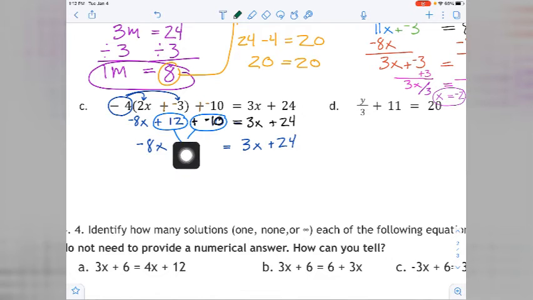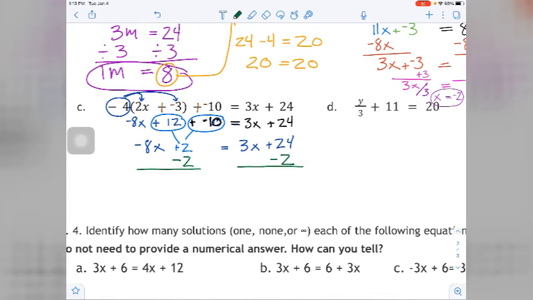Most common thing for students to do next was to get rid of this +2. So they would subtract 2 and then subtract 2 on the other side to stay balanced, which is great. And then I have -8x is all that's left. And on the other side, I would have 3x, but I would also have 24 minus 2, which is 22.